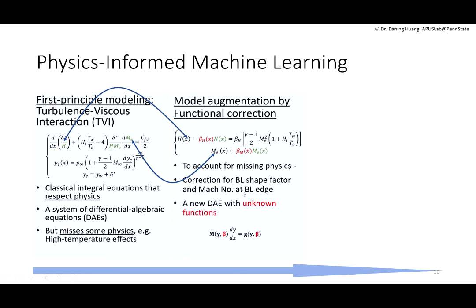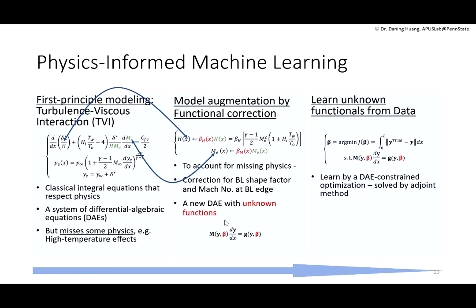And now, with the introduction of these corrections, we end up with a new DAE system with unknown functions. Note that now it is not unknown values, it is unknown functions. And then how do we identify these unknown functions?